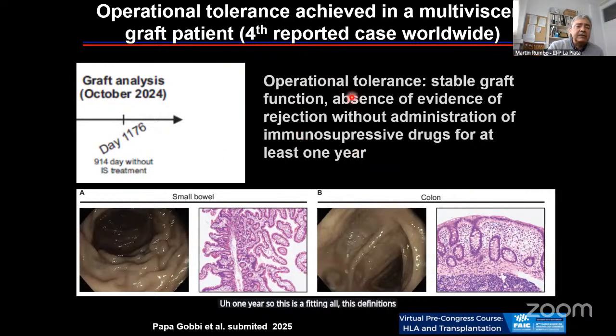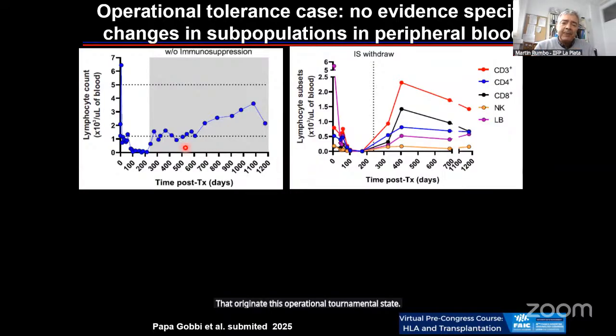So we wanted to understand what happened that originated this operational tolerance state. Just looking at the lymphocyte count, this is the period of the lymphopenia between 100 and 200 days and the PTLD.